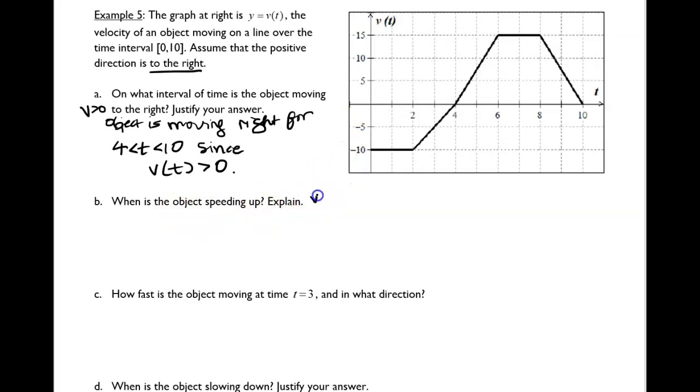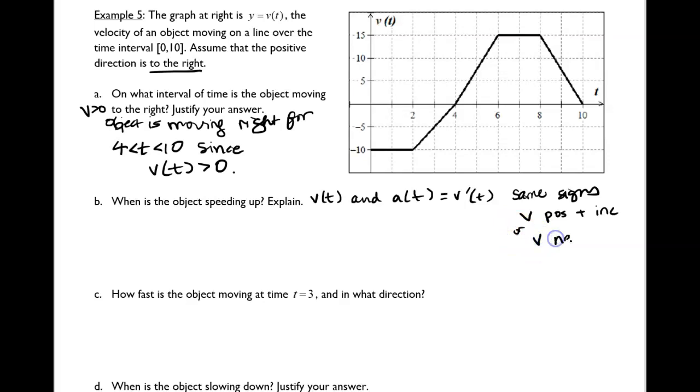That means v of t and a of t, which is v prime of t, have the same signs. So either v is positive and increasing, its slope is positive as well, or v is negative and decreasing. If I look here at my graph where it's negative, my velocity is negative but staying constant, and then negative and increasing, so that's not going to work.